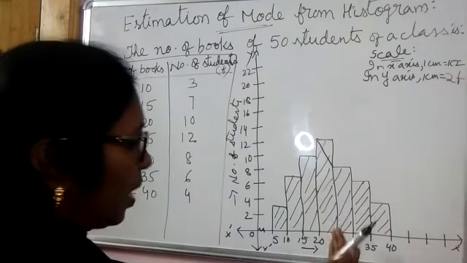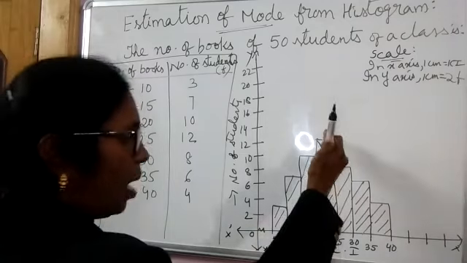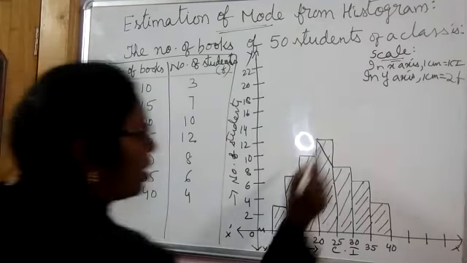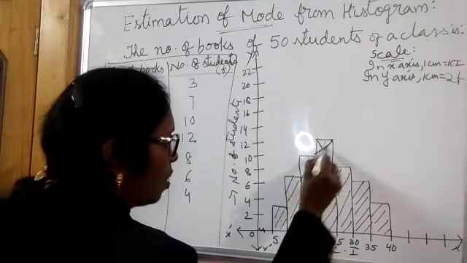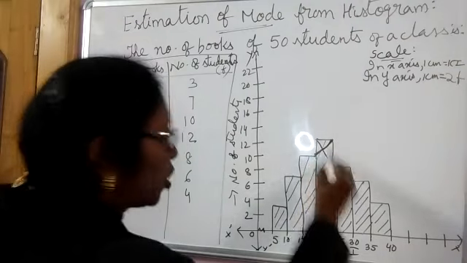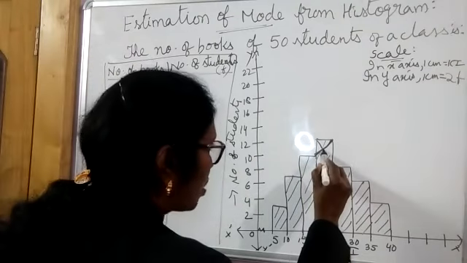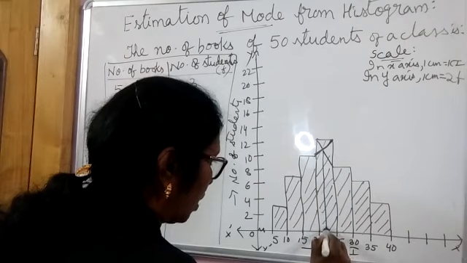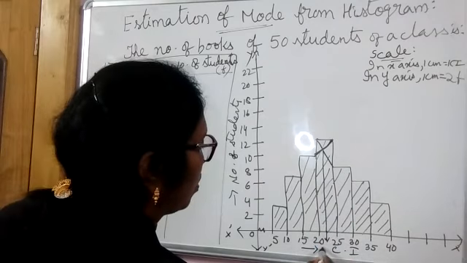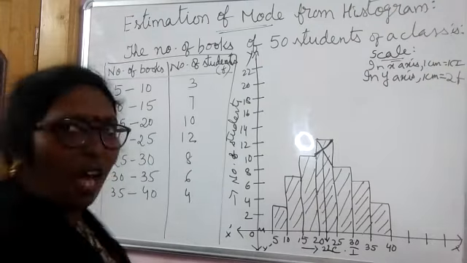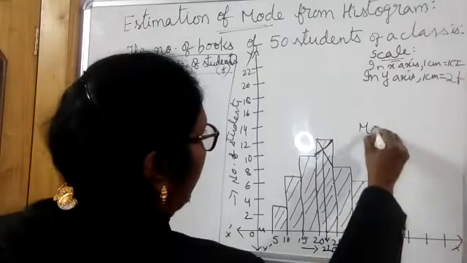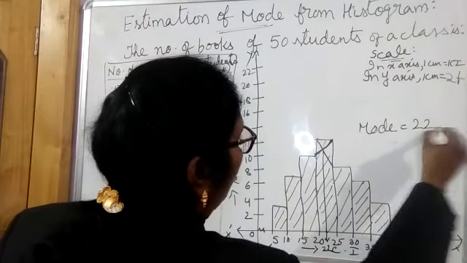Similarly, from the right top corner of the highest bar to the right top corner of its previous bar, draw one more diagonal. Now from the point of intersection of these two diagonals, draw a vertical line, or perpendicular. This point shows the mode. Here in my graph, I got 22. So the mode of this data is 22.